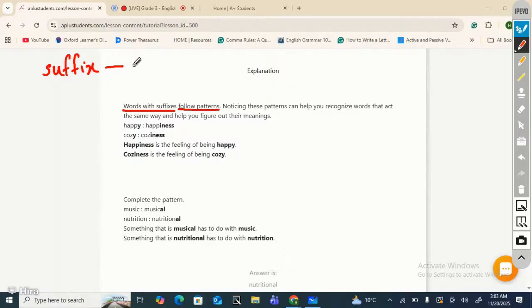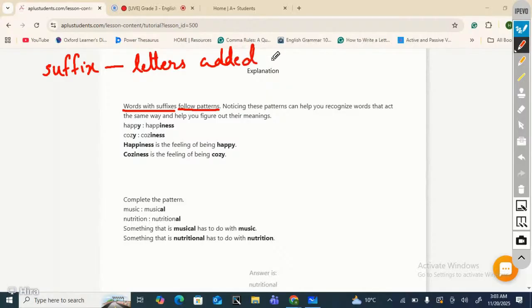Words having the same suffixes share the same meaning. The words with suffixes follow patterns. So what are suffixes?